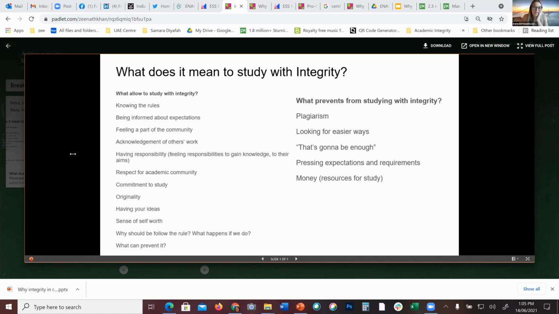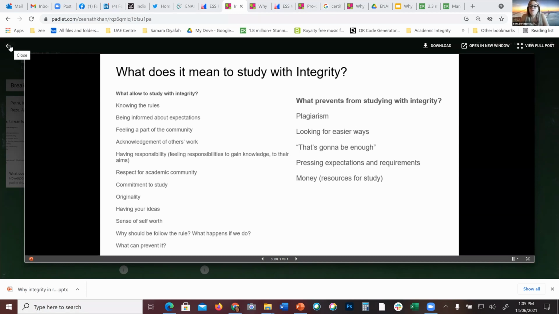So then we go on with the sense of responsibility. So feeling responsibility to gain knowledge, but also to incorporate what we come to know, and also the respect for the academic community, not only the community in general, but also for the academic community. Also the commitment to study, that is really important. And we also come to the idea of originality. So having your own ideas and not copying the ideas of other people.